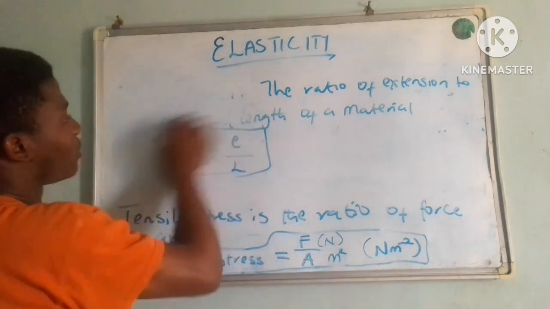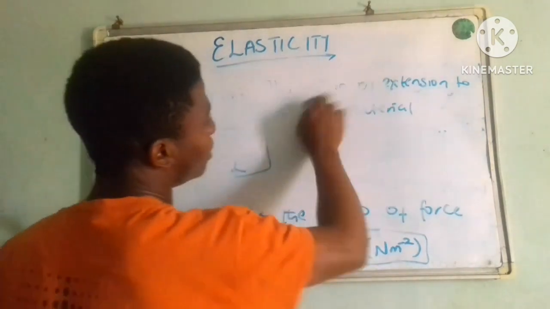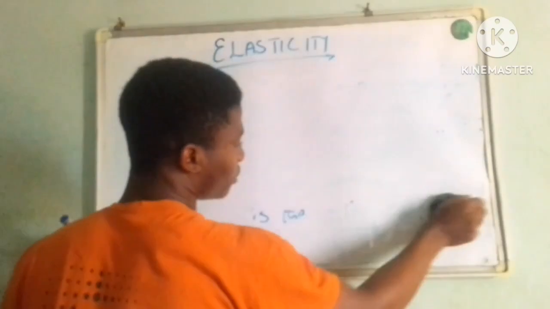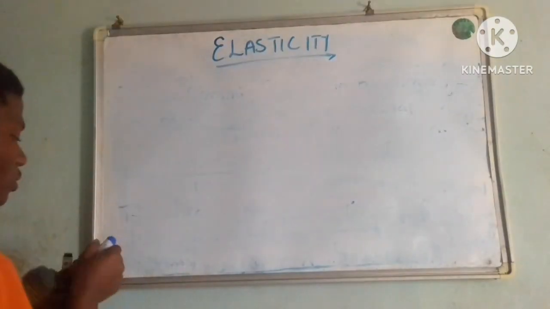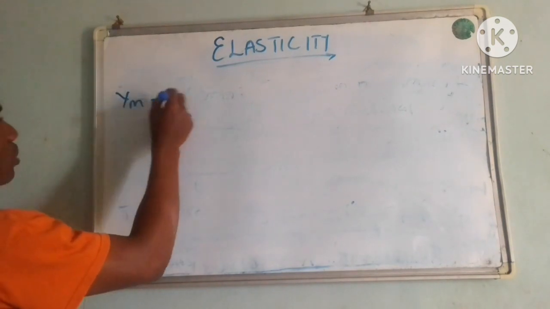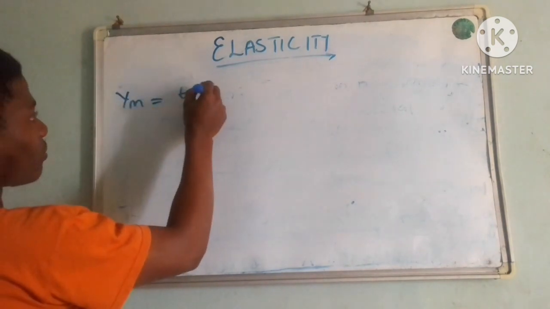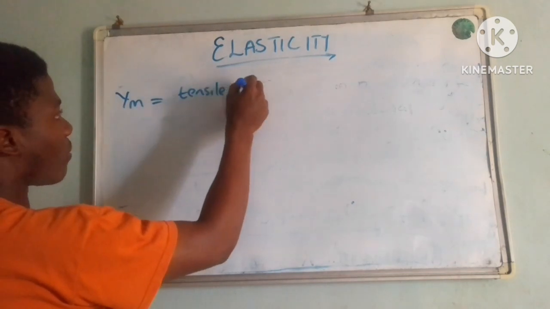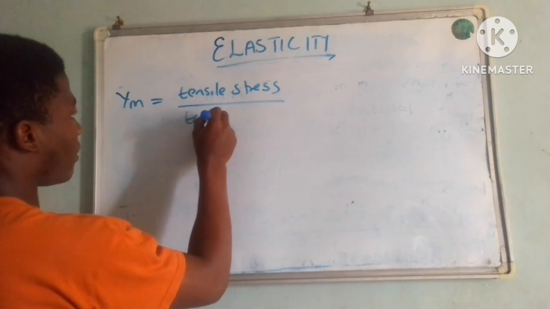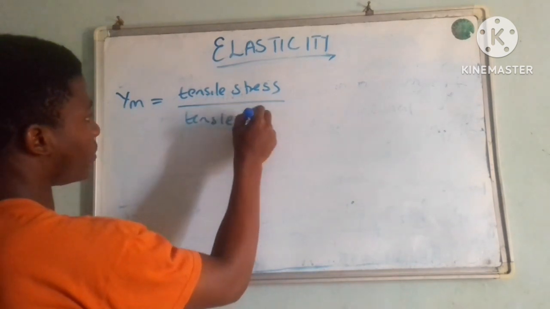Right from the beginning we said that Young modulus is the ratio of tensile stress to tensile strain. So Ym, Young modulus, equals tensile stress all over tensile strain.